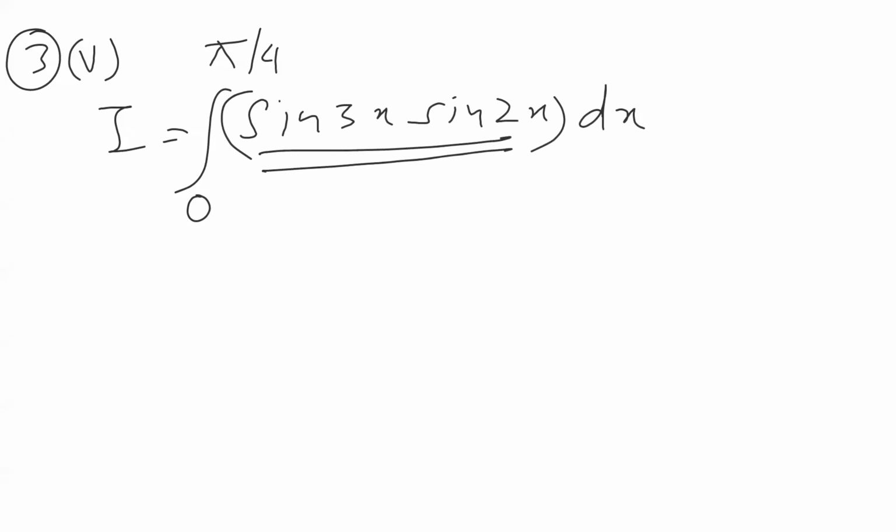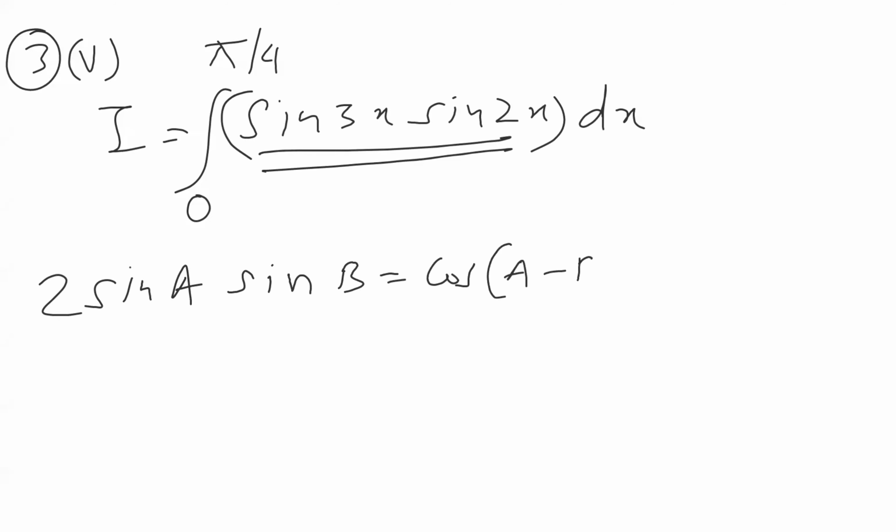So I'll write down the formula first. 2 sin A sin B is equal to cos A minus B minus cos A plus B. This is the defactorization for 2 sin A sin B.